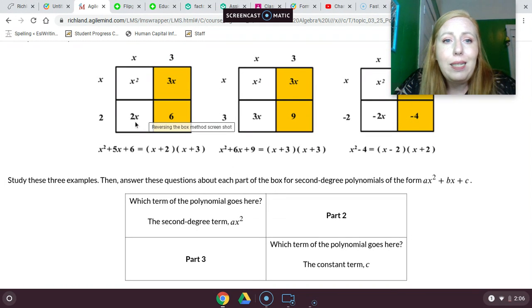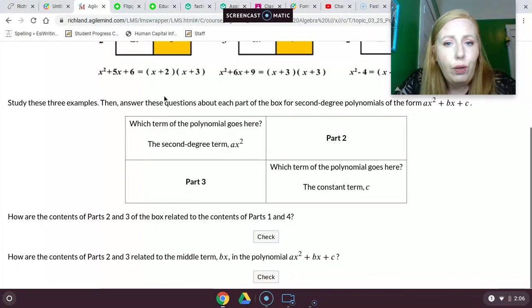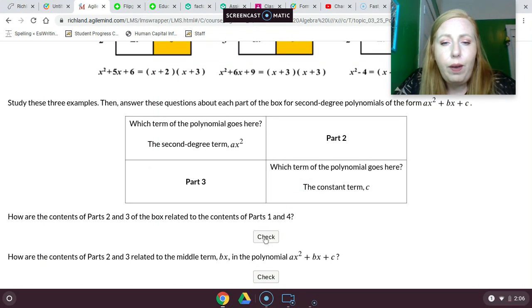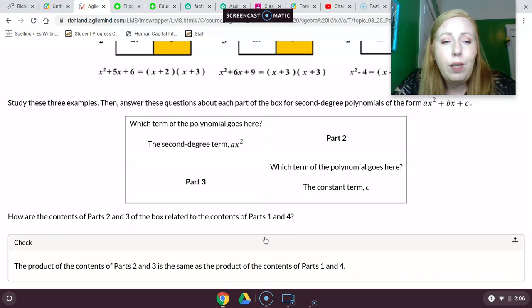Let's look at this first one up here. This one has a 2x and a 3x. How is this related to the first one and the second one? Okay, this is your answer to number 6, so make sure you're doing your Go Formative.